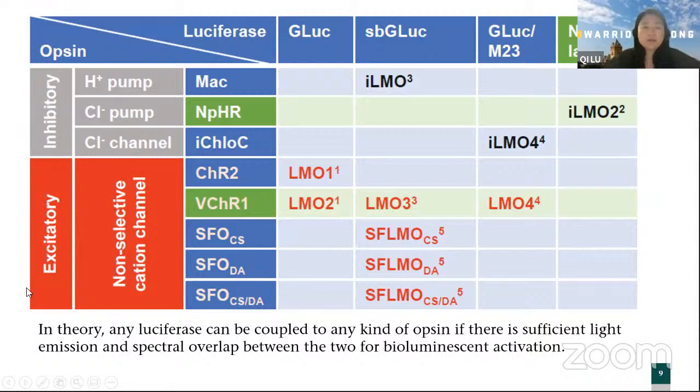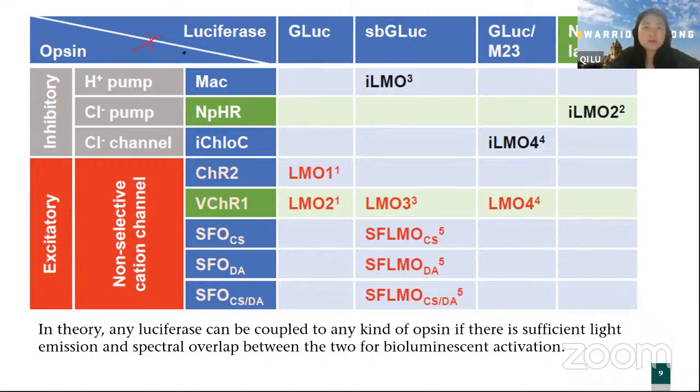So here we can see that bioluminescence is a kind of coupled opsin with luciferase. There are several different types of luciferase, such as GLuc and NanoLuc, and several different kinds of opsins.